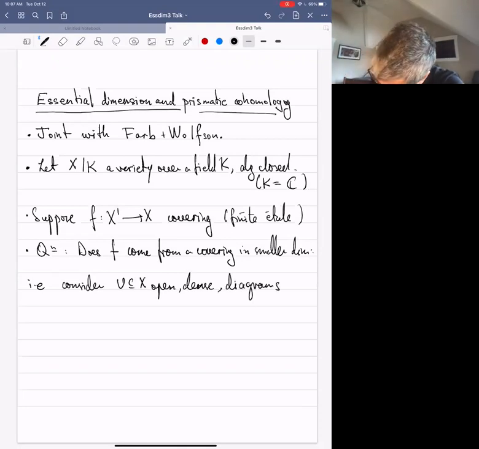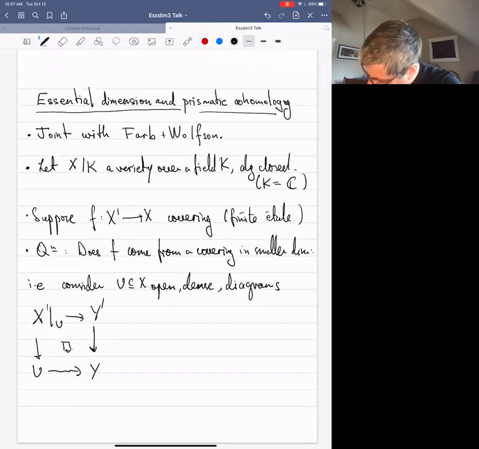Here we have my covering X', which I'm going to restrict to this open subset. Now I want to consider coverings Y' → Y such that this diagram is Cartesian, right? So X' restricted to U is the Cartesian product.